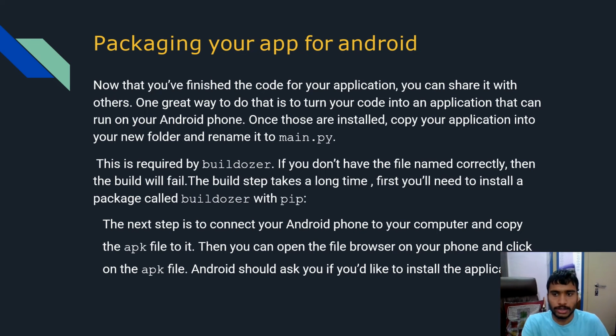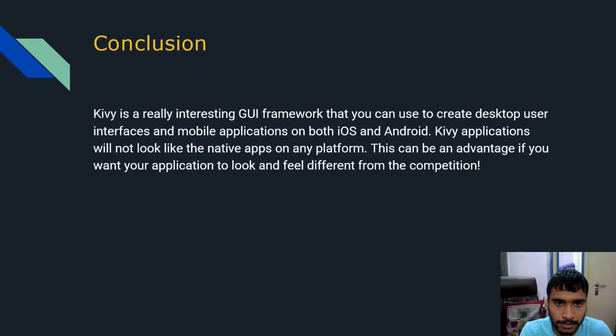Now, let's move on to the next slide. So, what is the conclusion? Kiwi, what we have done in this presentation is we have used Kivy. There are many ways to build apps using Python.